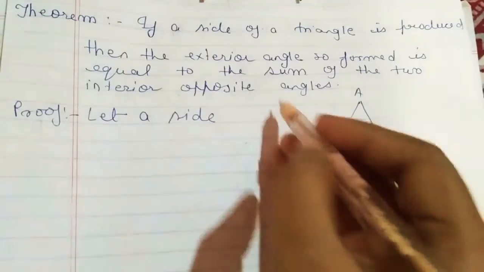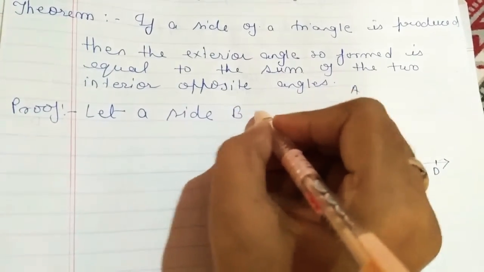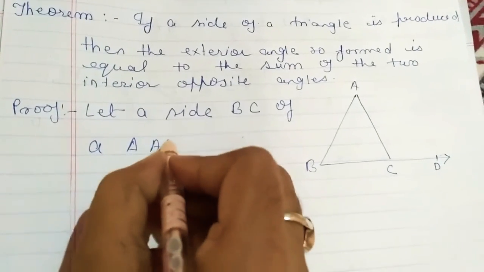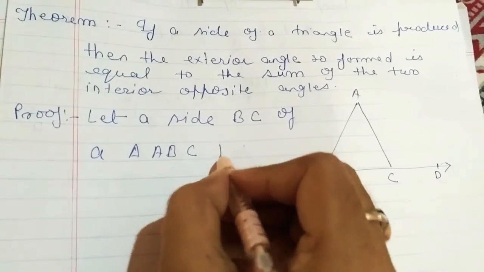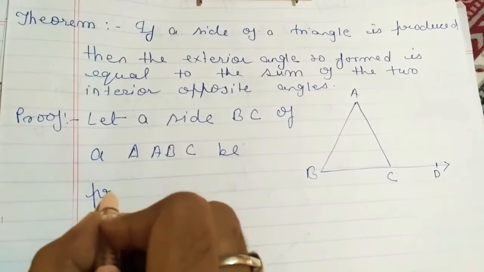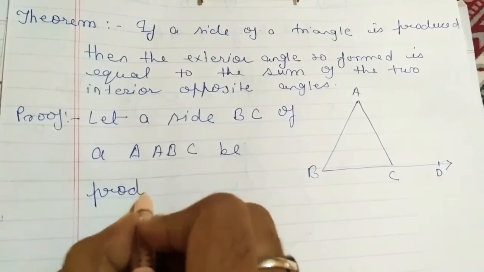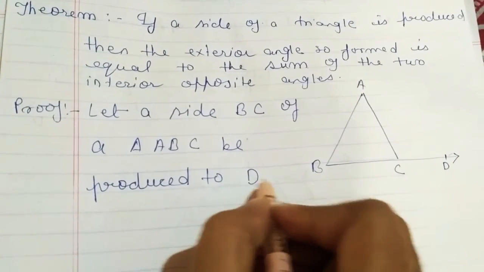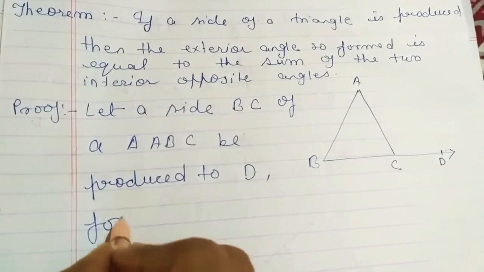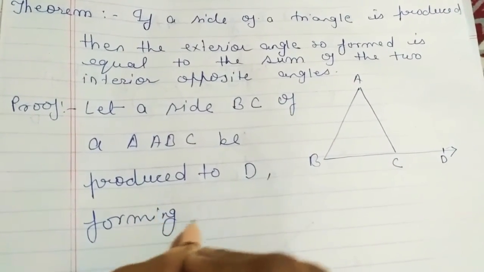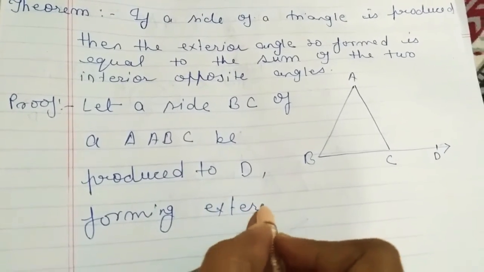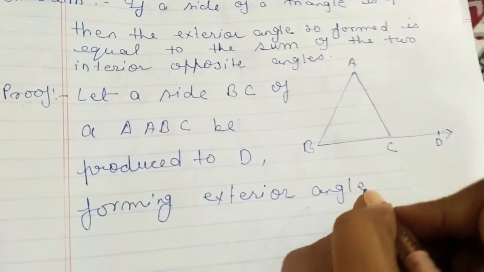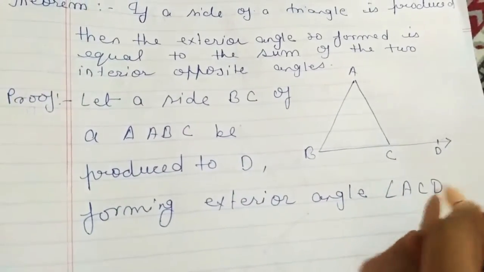Let a side BC of a triangle ABC be produced to D, forming exterior angle ACD.